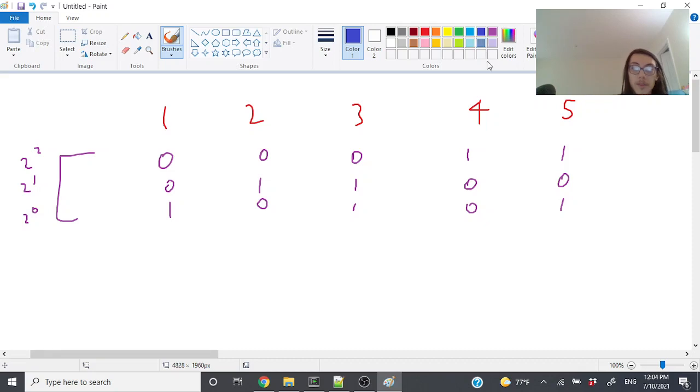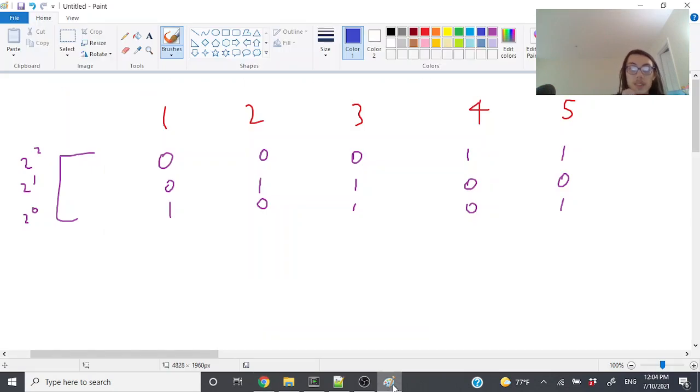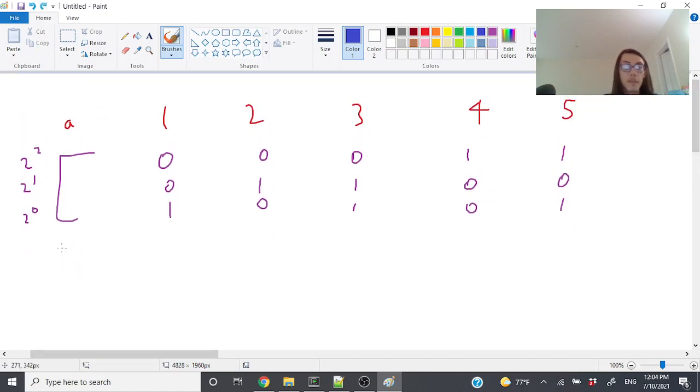And now what we want to do is take a new value. This is the sequence A. Now, we want to construct a sequence B, and we want to construct it in the following way. So for example, say I have the sequence B of just 0, 0, 0, 0, 0.